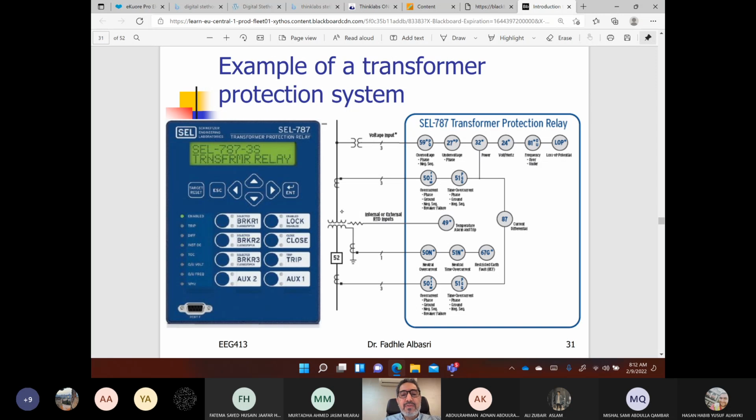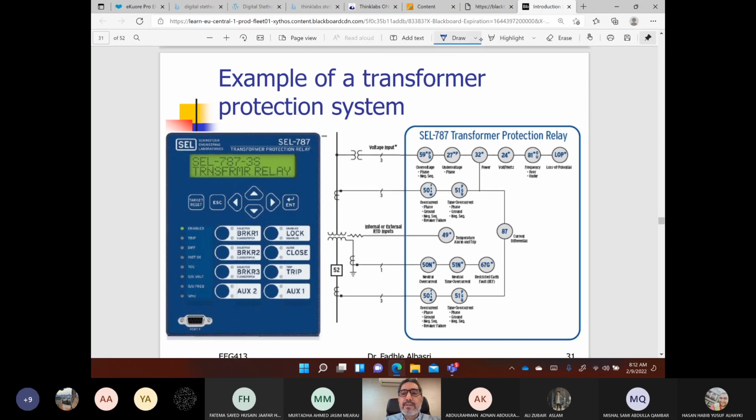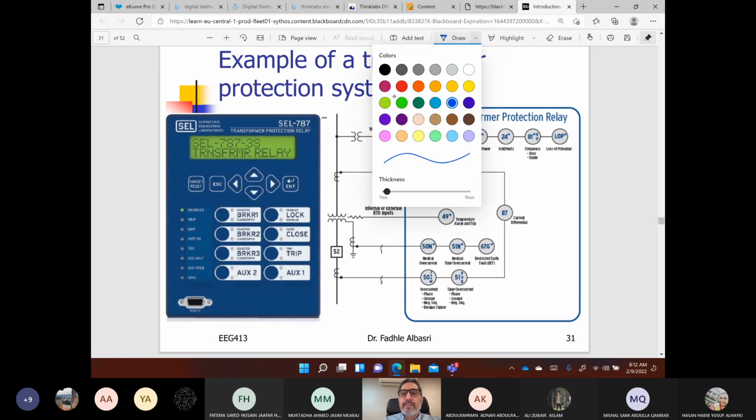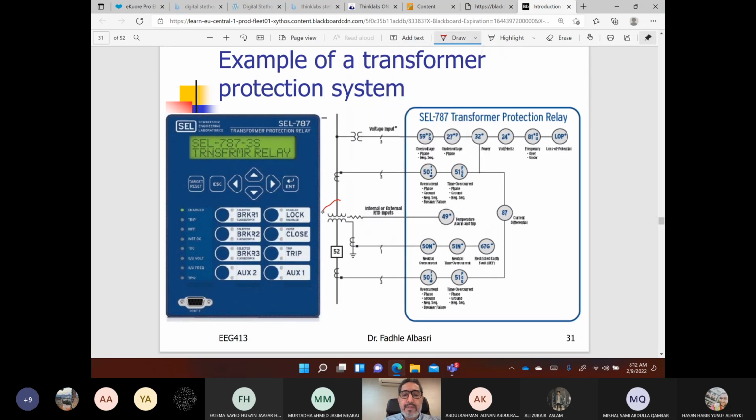Where is the power transformer we are protecting? This is the power transformer. This could be the delta side, and this is the Y side, that's why the Y side is grounded, the neutral point is grounded to the ground.